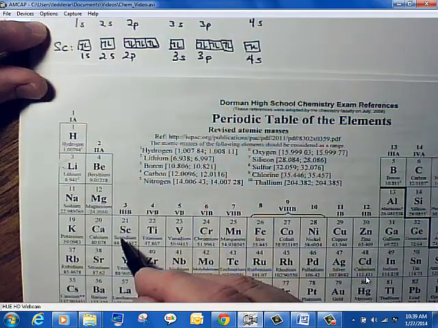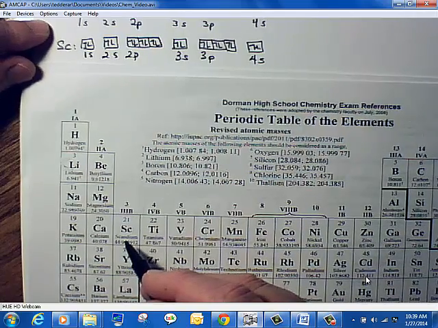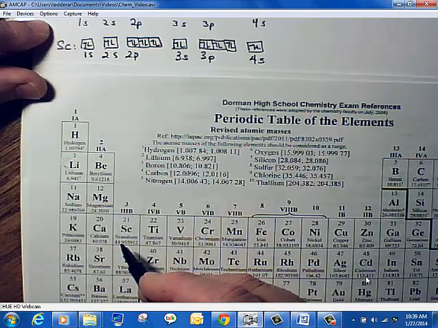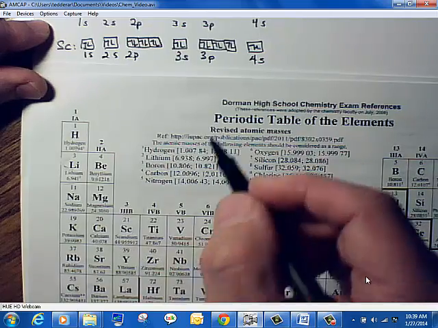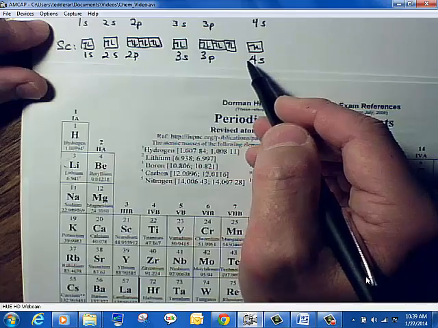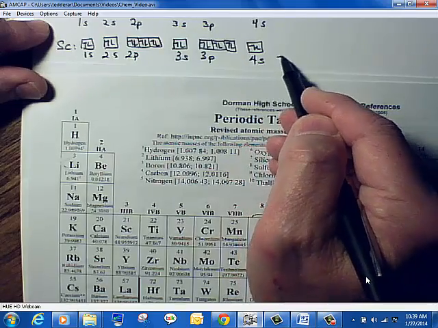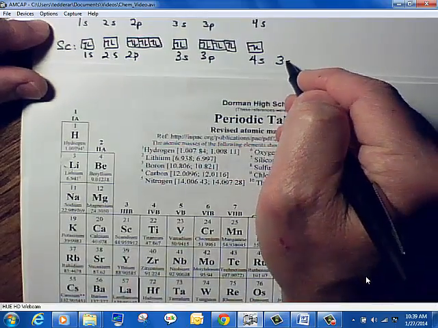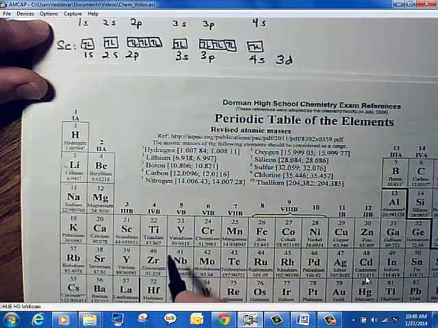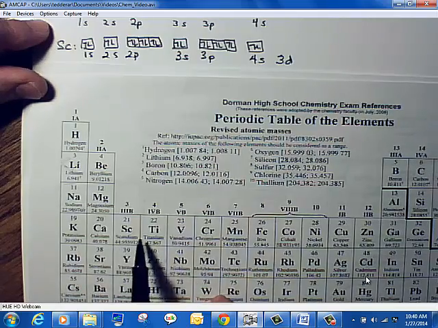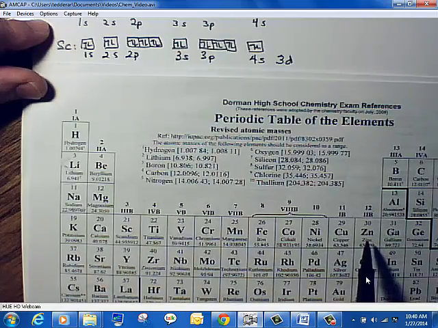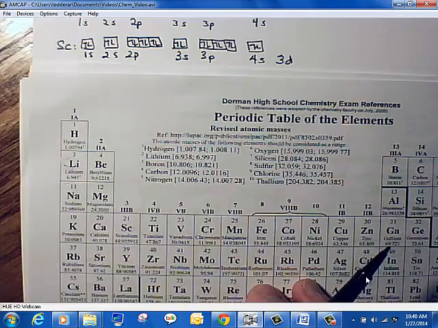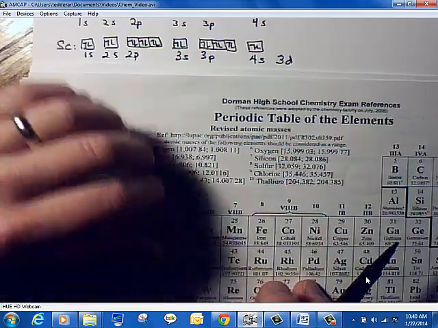All right, the one extra electron we're going to add for scandium is not going to be placed in the 4th primary level. It's going to be placed in the 3rd primary level, and this whole section here is the D sublevel. So it's 3D, and as several of you have noted, since there are 10 elements in here, we're going to be adding 10 electrons, and we need 5 orbitals for that.